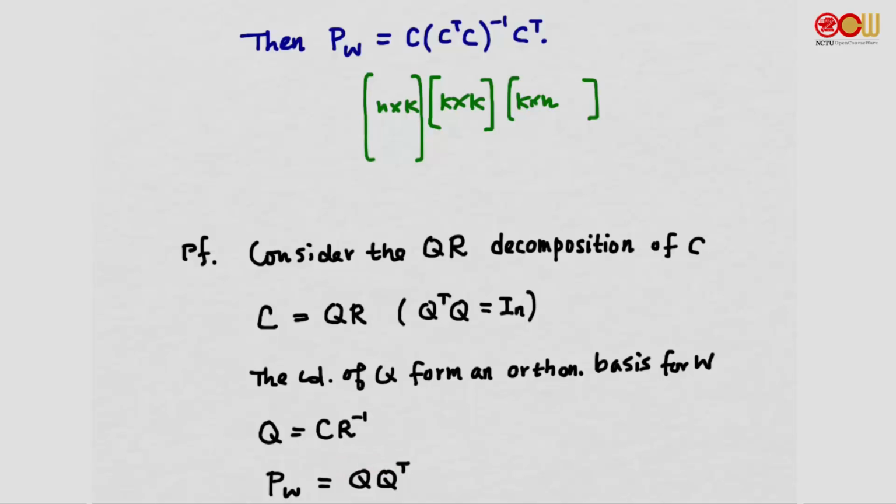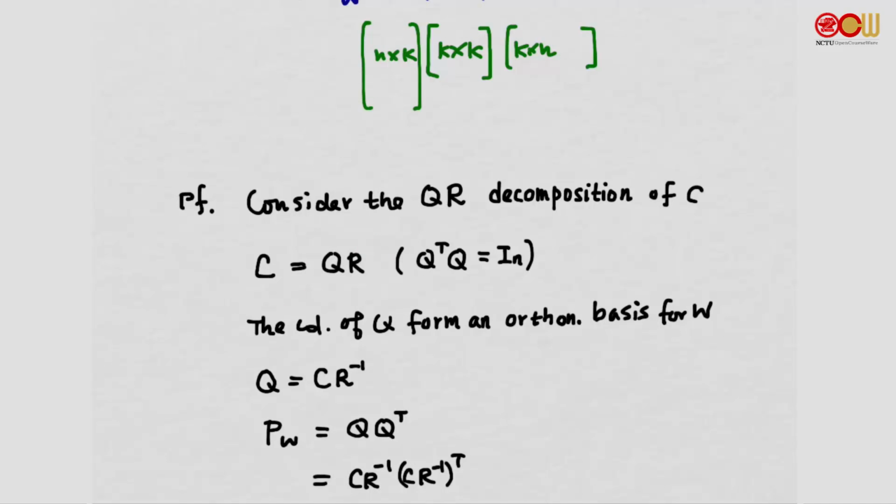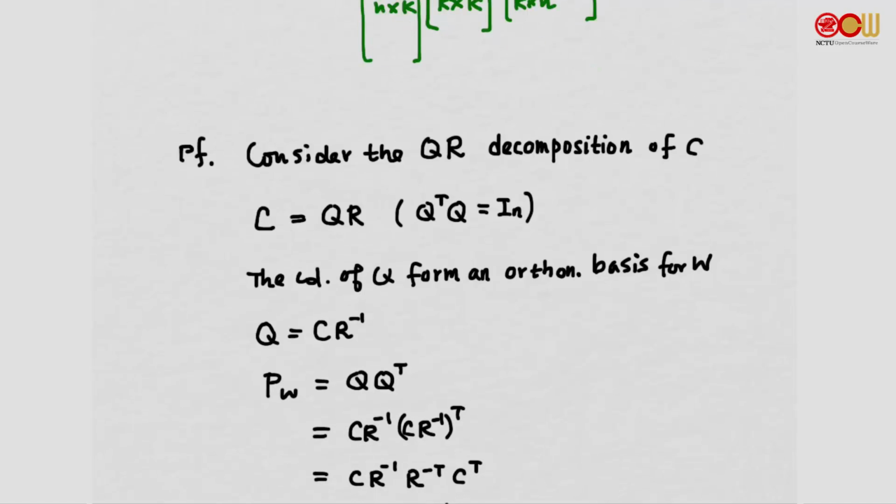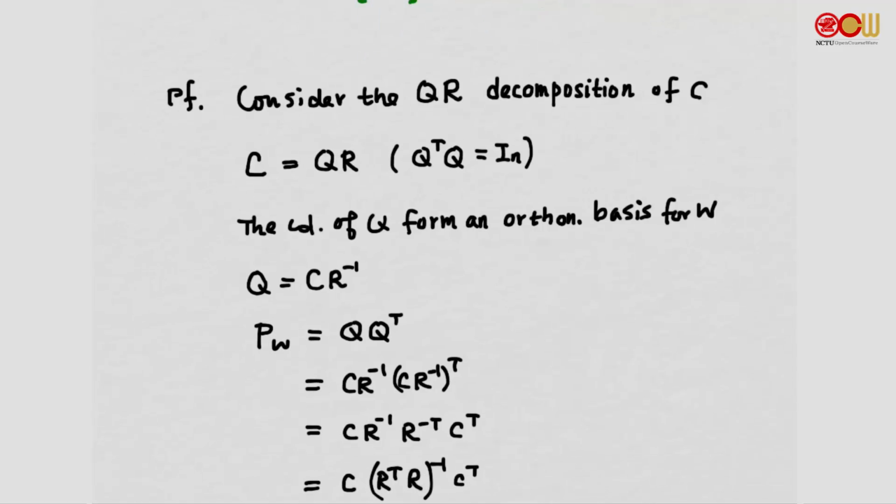So let's rewrite Q in terms of C and R inverse by multiplying both sides by R inverse. So QQ transpose becomes, after substituting Q by this, C R inverse R inverse transpose C transpose, and this is the same as C R inverse R transpose inverse C transpose.